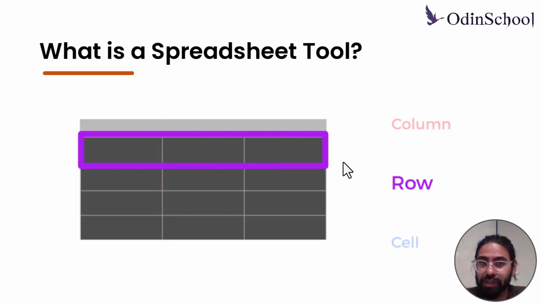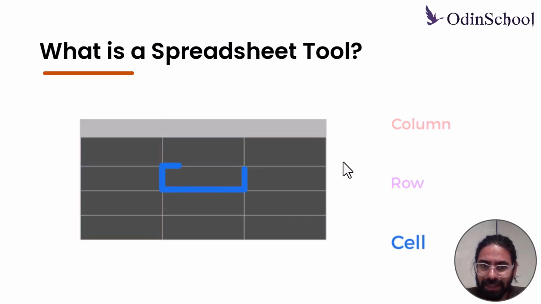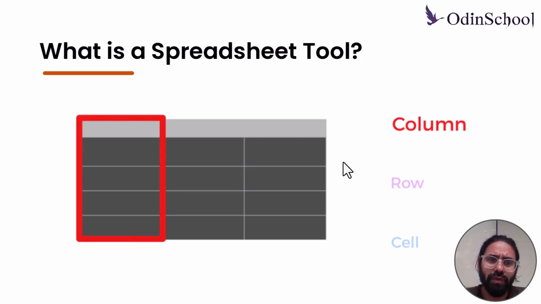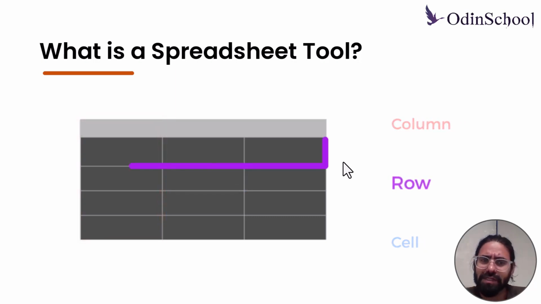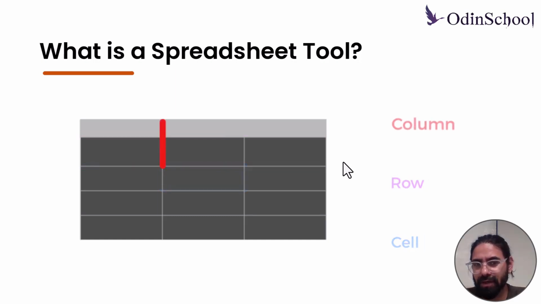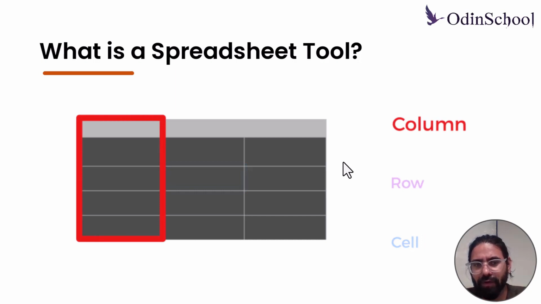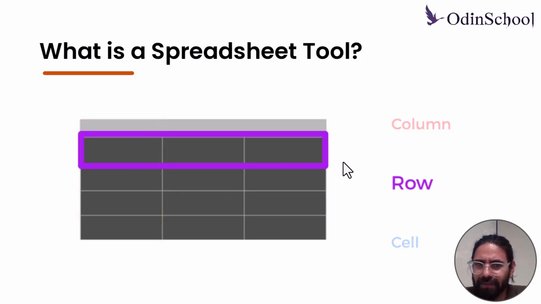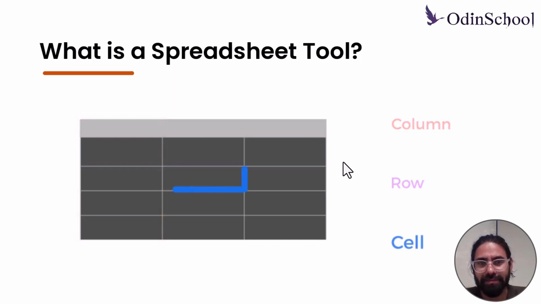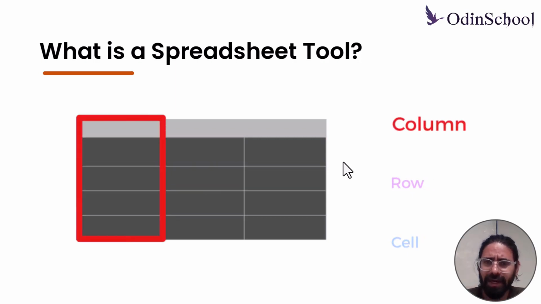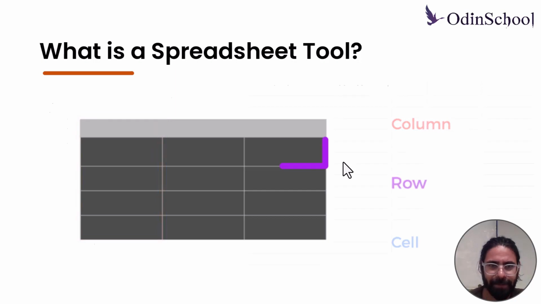In a nutshell, with this spreadsheet tool, you can fundamentally perform every sort of data analysis, or for that matter data science as well, right? And we'll see some of it today.